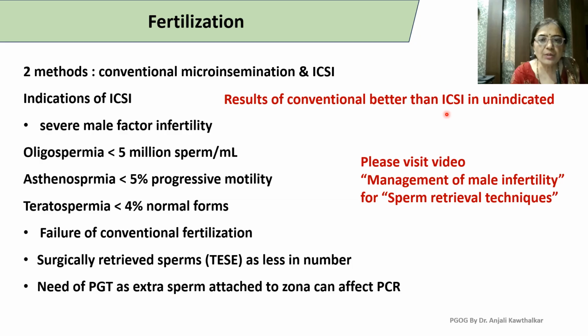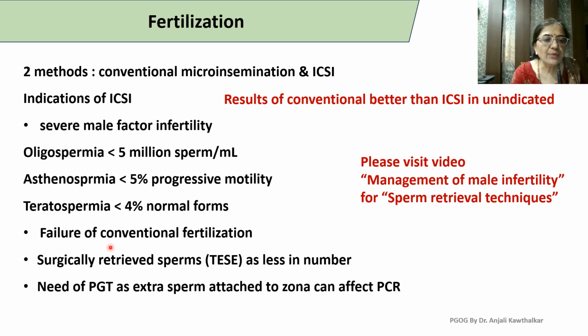So only in specific cases is intracytoplasmic sperm injection indicated, such as severe male factor infertility, where there is oligospermia with less than 5 million sperms per ml, asthenospermia with less than 5% progressive motility, and teratospermia where there are less than 4% normal forms by strict criteria, which is the criteria used to differentiate between normal and abnormal forms of the sperms.